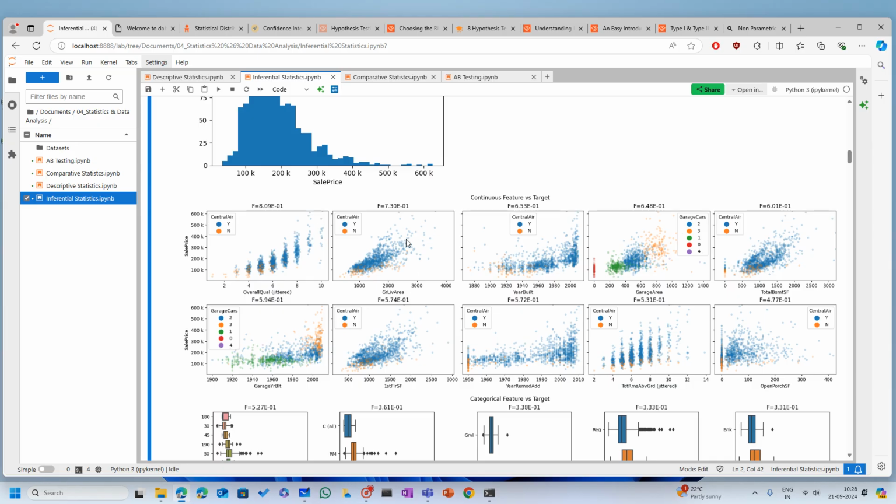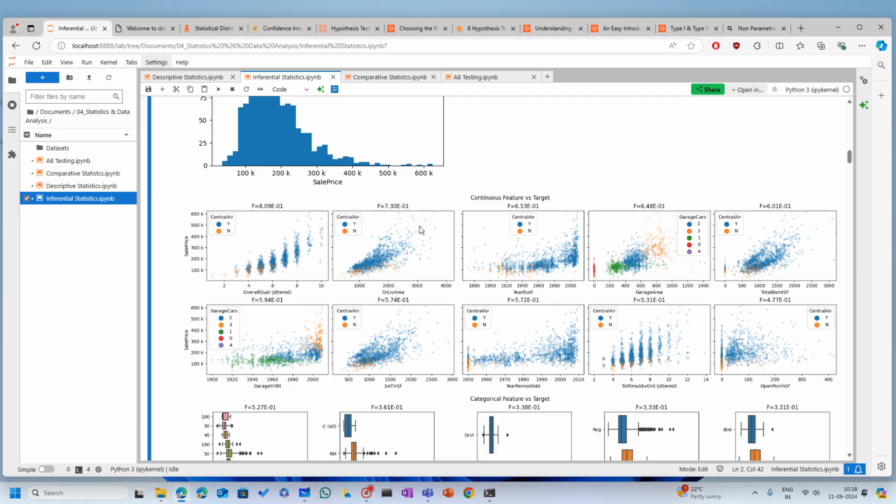Likewise, ground living area, this we already saw. Wherever there was less central air, the data is split here, but if you keep aside the splitting part, generally the higher the ground living area, the higher the sale price.